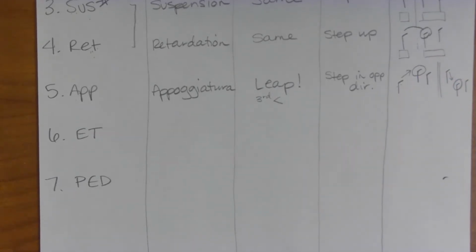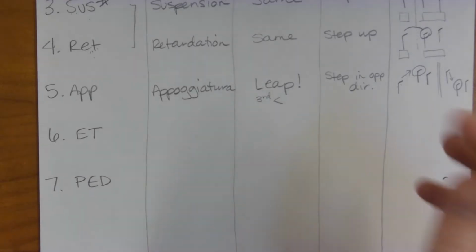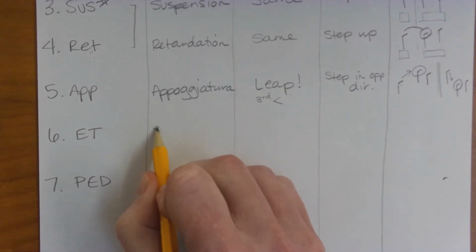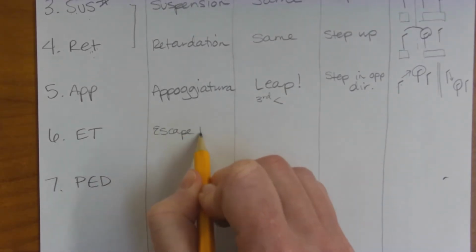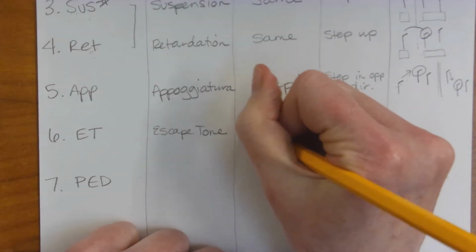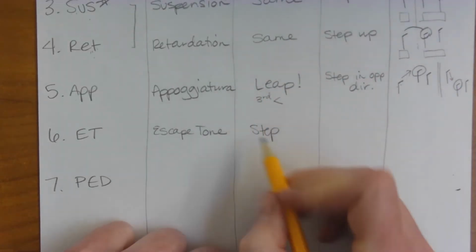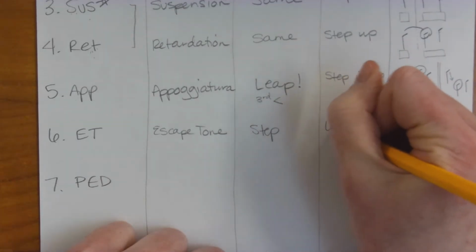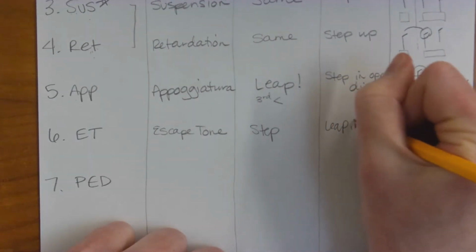All right. The next one, E.T., not phone home. This is an escape tone. And this is the backwards or opposite of an appoggiatura. So this is approached by step and resolved by leap in the opposite direction.